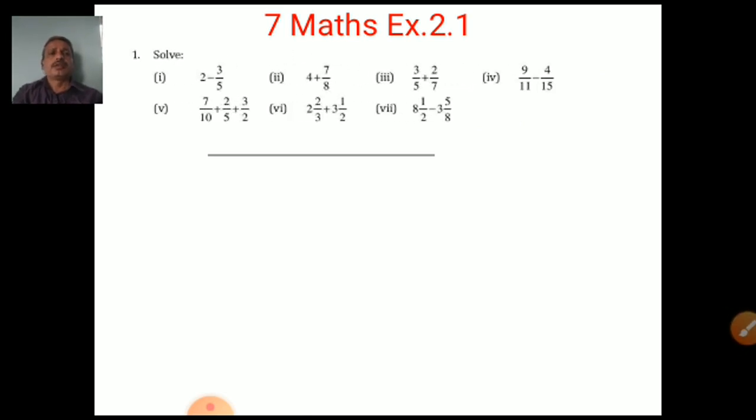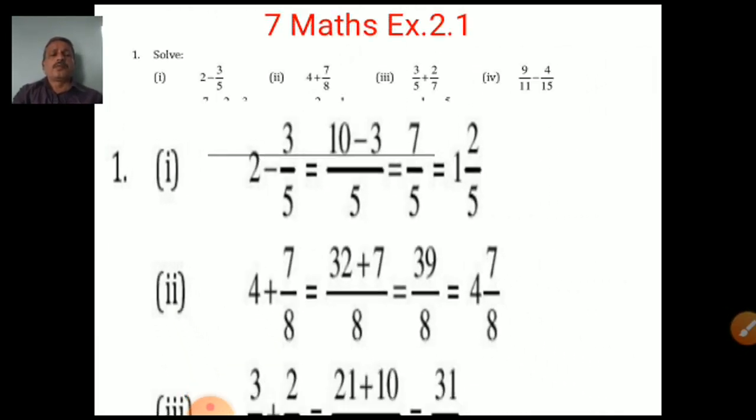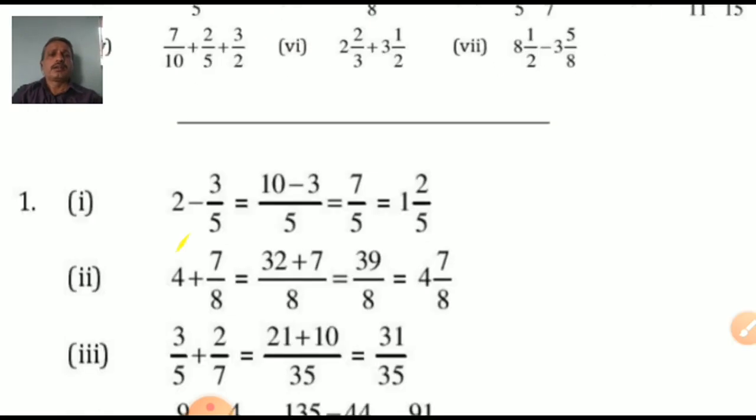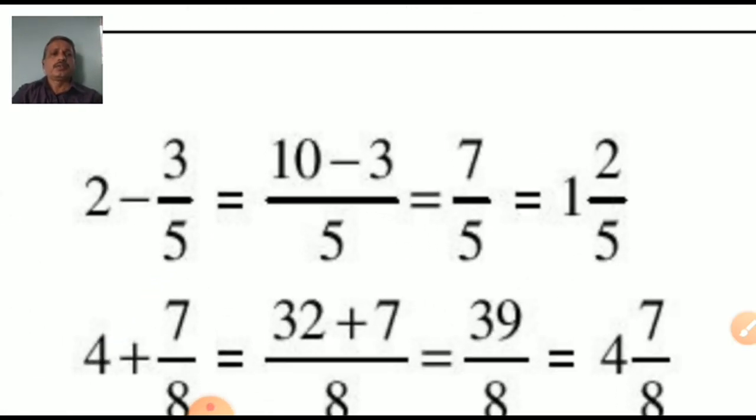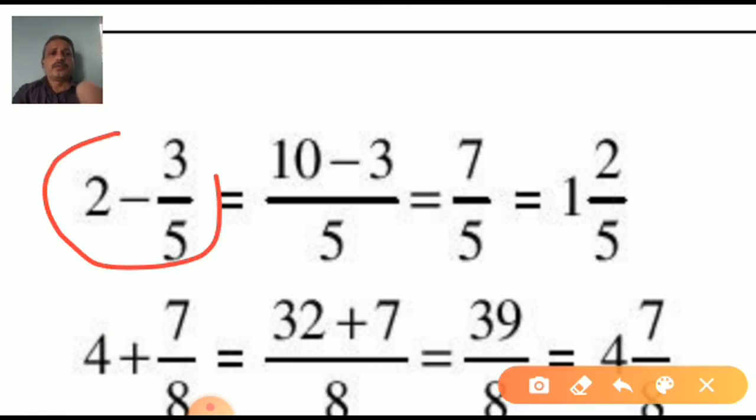The solution for the first question is here. Can you see, student, clearly? Yes. See, our question was 2 minus 3 upon 5. Before solving this, I want to clarify that this 2 is not alone but 2 upon 1 minus 3 upon 5.